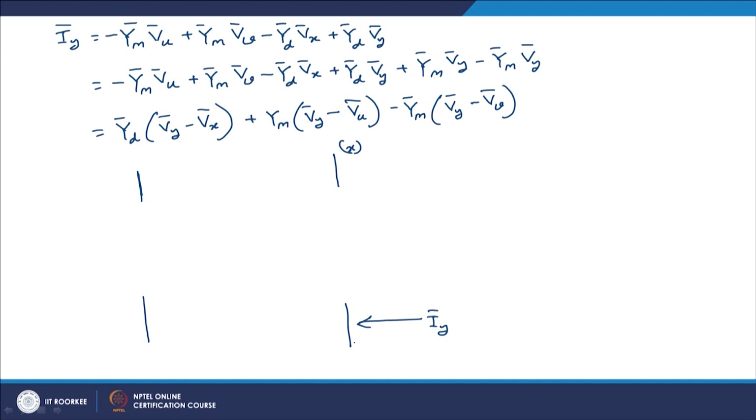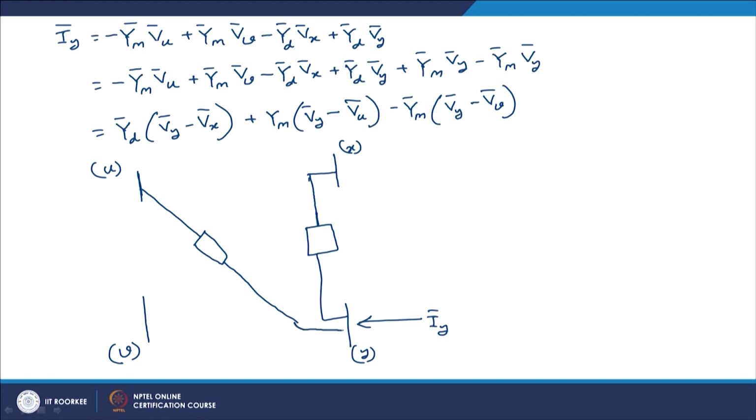Yd into Vy minus Vx, then Ym into Vy minus Vu, and minus Ym into Vy minus Vv.